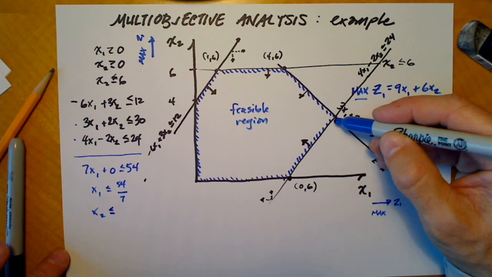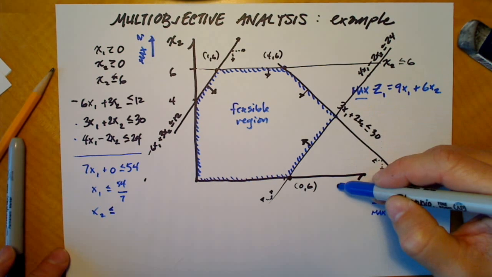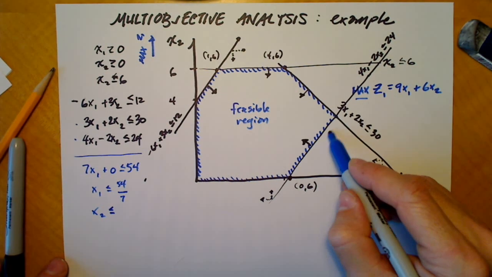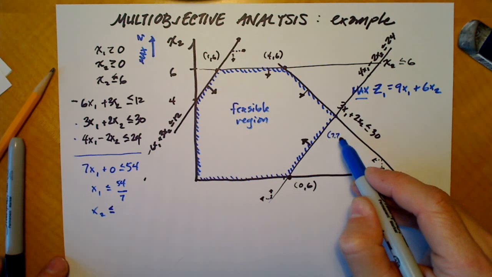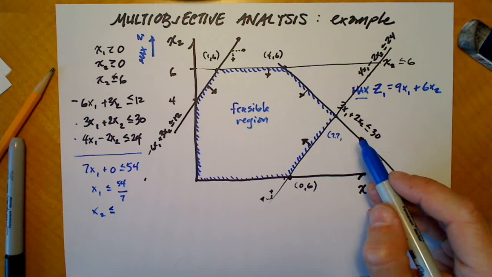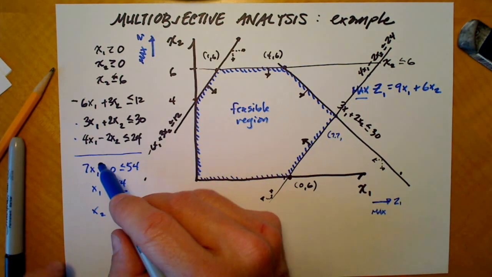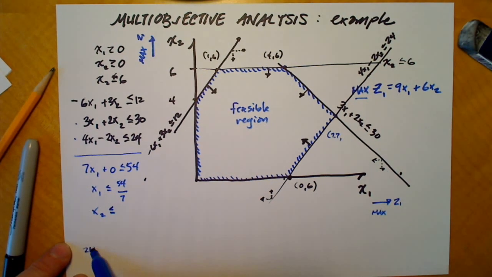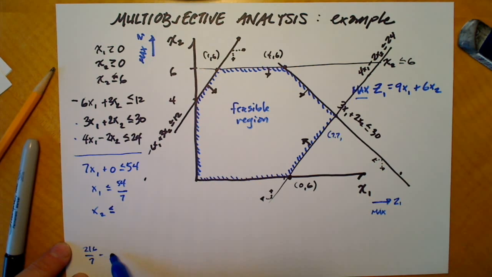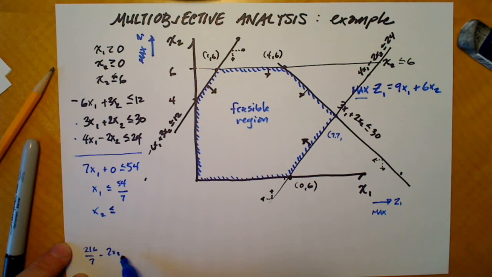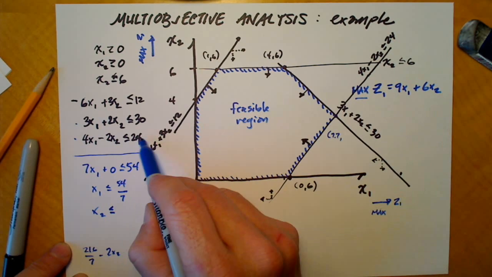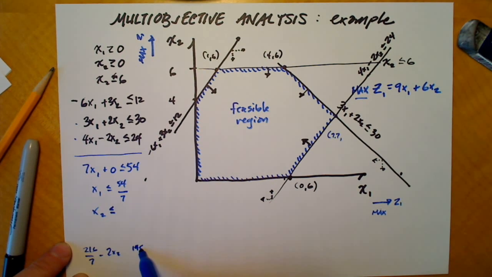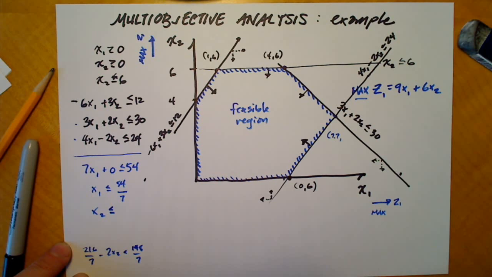And that could be about right on our chart. And what's the other one going to be? x2, 54 over 7 is 216 over 7 minus 2x2 is going to be 141.48 over 7. There's a lot going on in here.